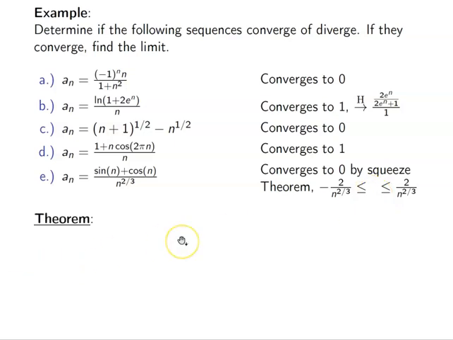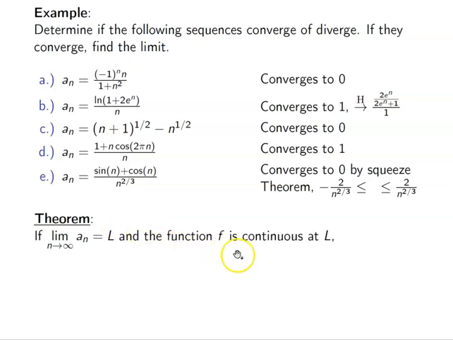Okay, so let's look at another theorem. If the limit of a sequence as n goes to infinity is the value L, and the function f is continuous at L, then the limit of f of my sequence as n goes to infinity is equal to the function evaluated at the limit of the sequence itself.